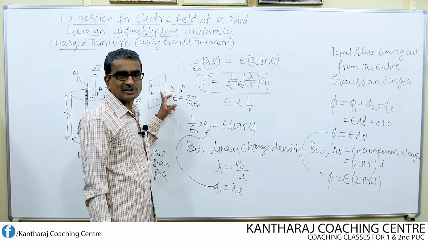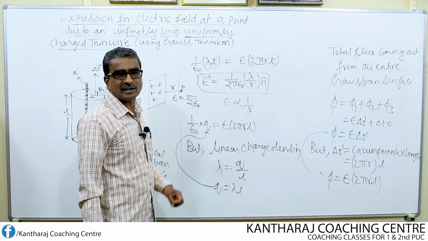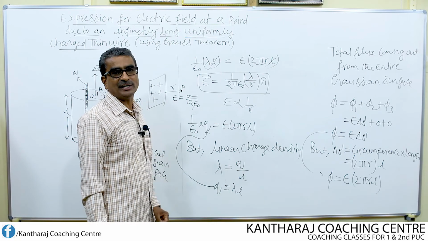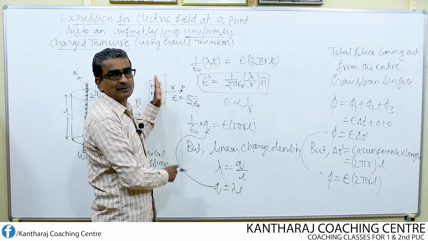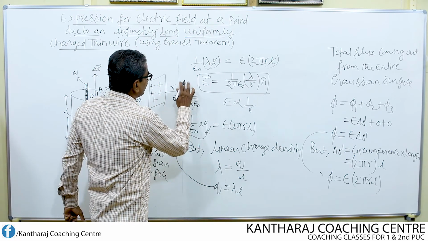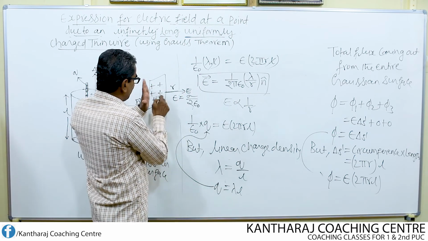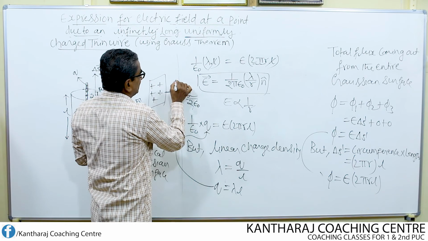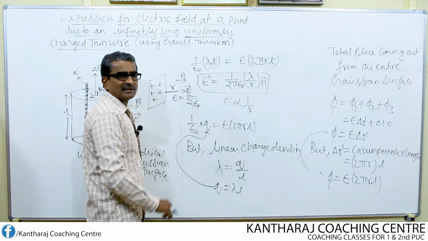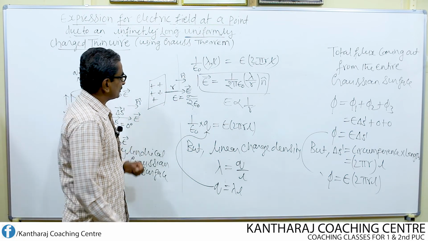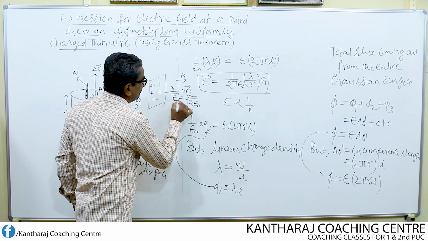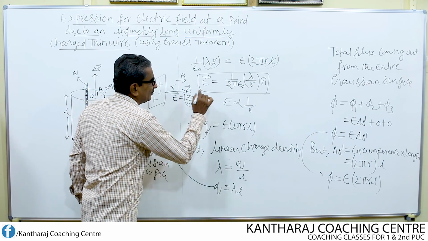Similarly, in the case of a charged sheet also, the direction of the electric field is perpendicular to it, away from the sheet. That means the electric field will be like this, perpendicular to the sheet, and we can represent this once again by means of the unit vector n cap. Here also, I can write this in vector form, multiplying by the unit vector.